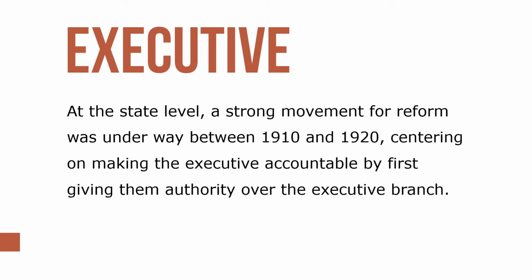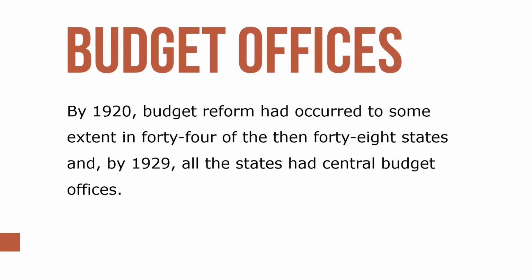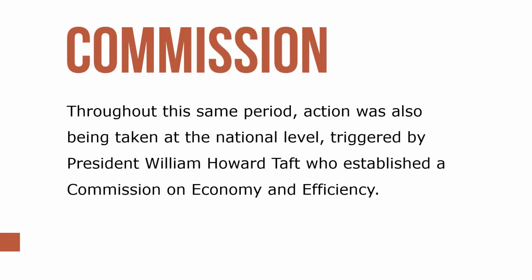At the state level, a strong movement for reform was underway between 1910 and 1920, centering on making the executive accountable by first giving them authority over the executive branch. By 1920, budget reform had occurred to some extent in 44 of the then 48 states, and by 1929, all states had centralized budget offices.